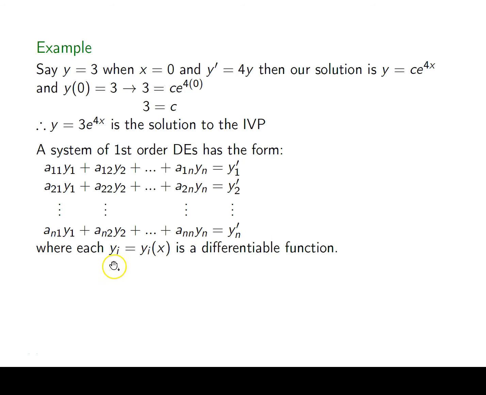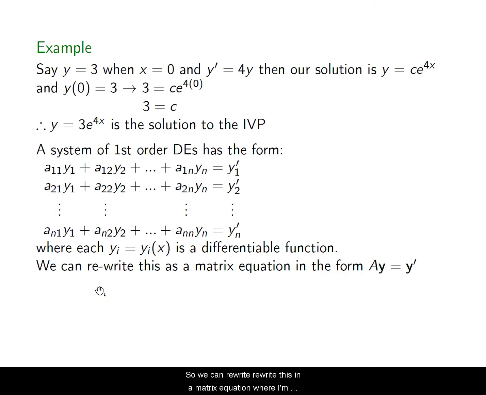Here each of these yi's is a function in x and is differentiable. If it's not differentiable, then obviously it can't show up in a differential equation, right? So y1 is a function, y2 is a function, y3 is a function, all the way up. And in my system, I need to have those derivatives for each of those functions. So this is what my system will look like.